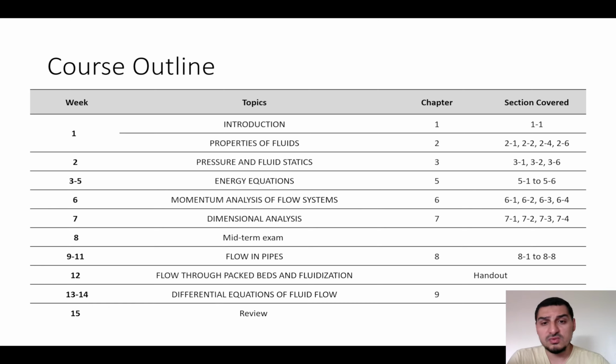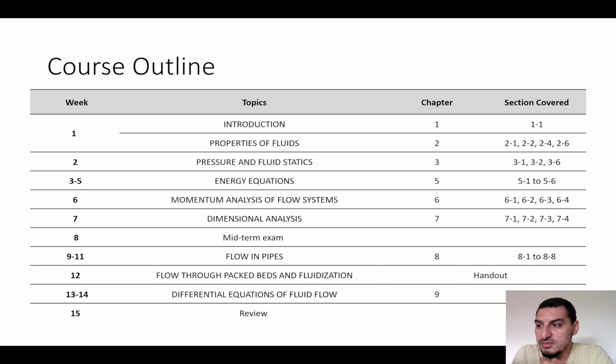So we learn about the properties of fluids, what are the main properties that we care about, what are the units of these properties, types of fluids, and these are very important things that we need to know about the fluids before we study how the fluids behave.